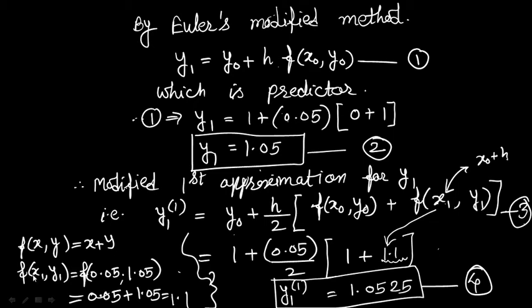Then we easily find f(x1, y1). x1 is 0.05, y1 is the equation number 2 value, that means 1.05. We add these, then we get 1.1. We substitute this value here, and f(x0, y0) is 1. Substituting all these values, we get y1(1) is 1.0525, that means equation number 4.